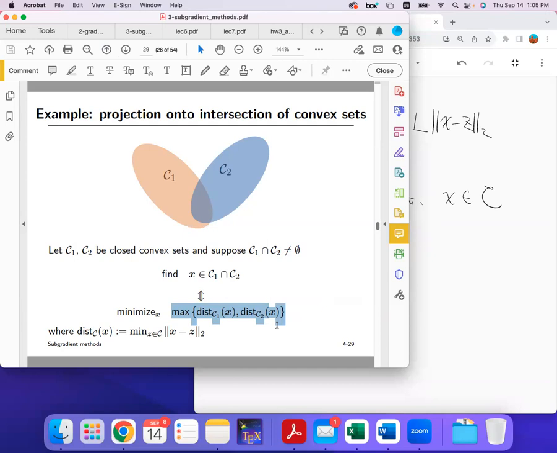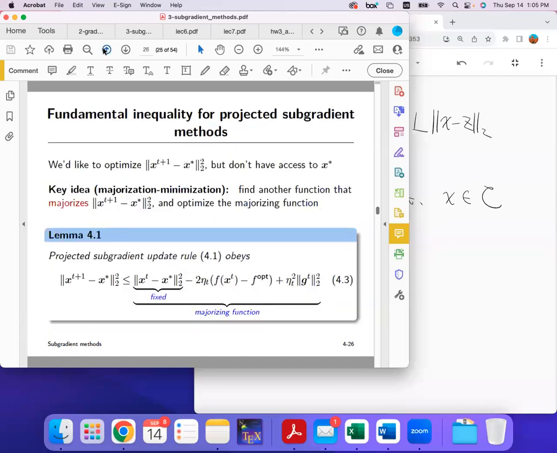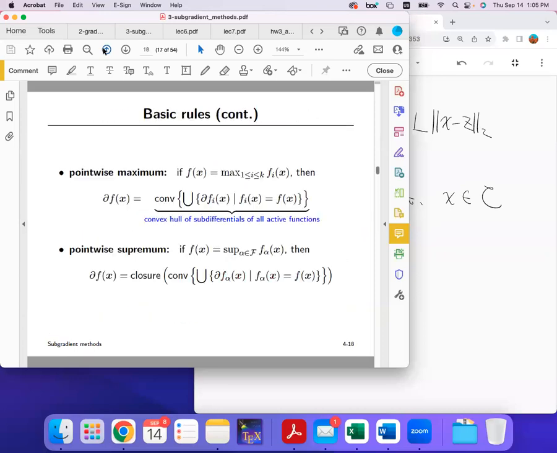The one that achieves the maximum distance of the two is called the activated one. This is consistent with the pointwise maximum function that we defined. We are looking at those f_i that achieve the maximum. This is called activated.